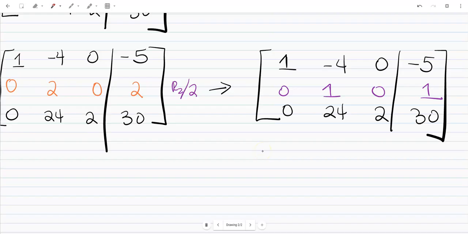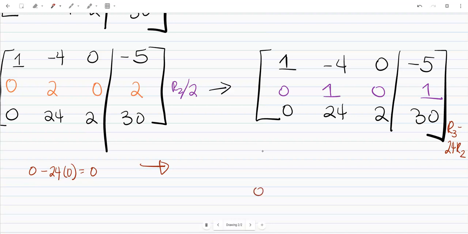Now that I have 1s in my first 2 rows' diagonals, I can now turn this 24 into a 0 easily by using row 2. So I would do row 3 minus 24 times row 2. Using this, my new row 3 is going to be 0. So 0 minus 24 times 0 just gives me 0 as my first entry.